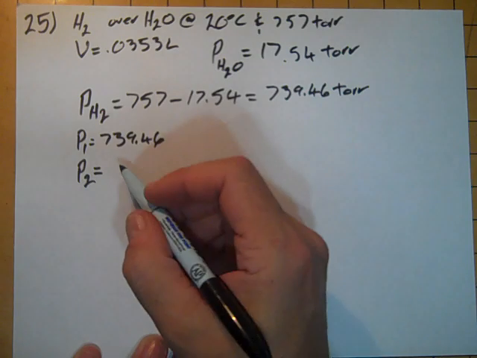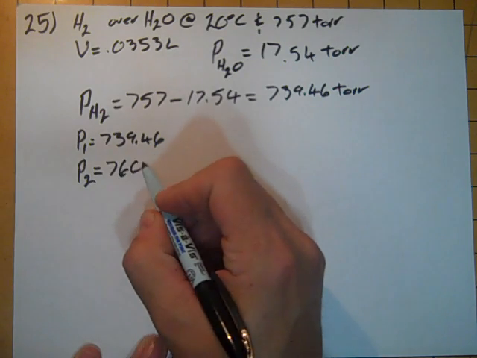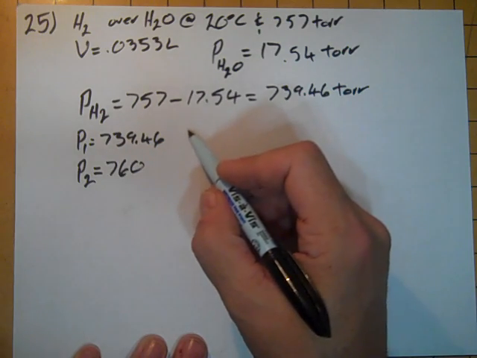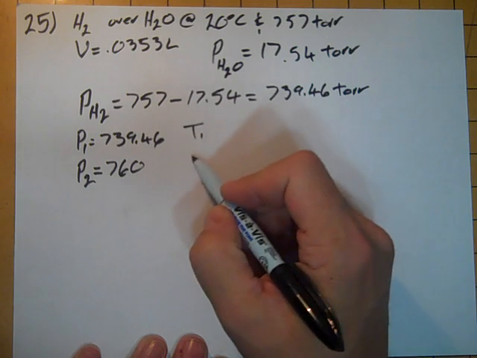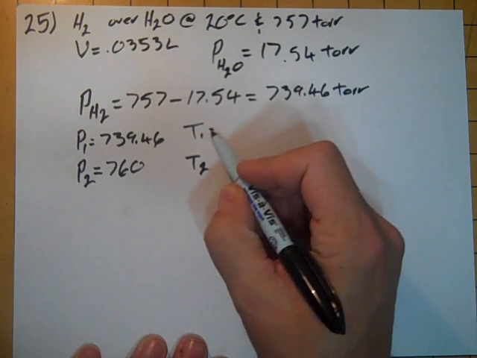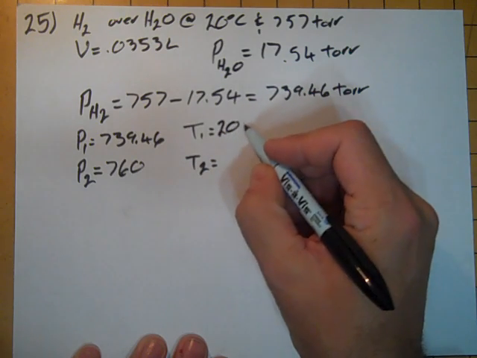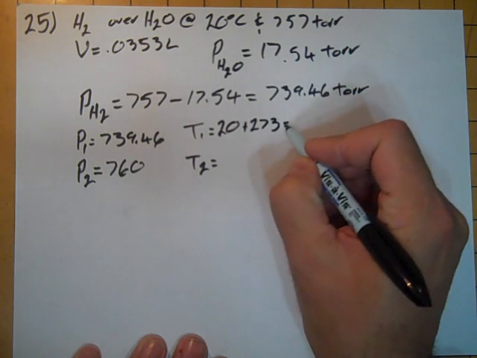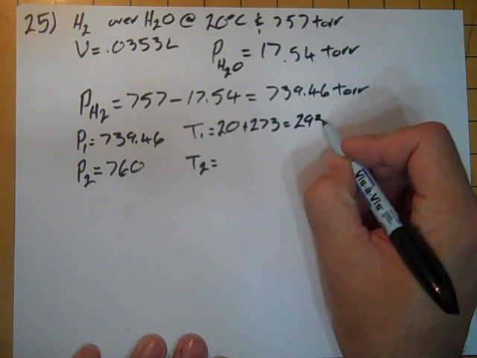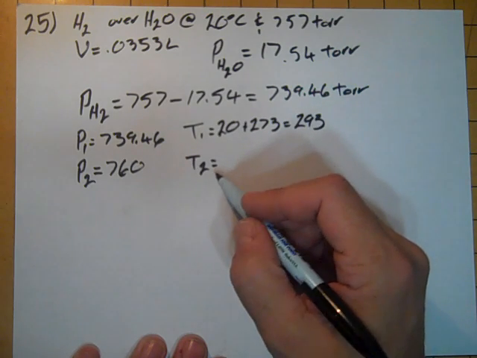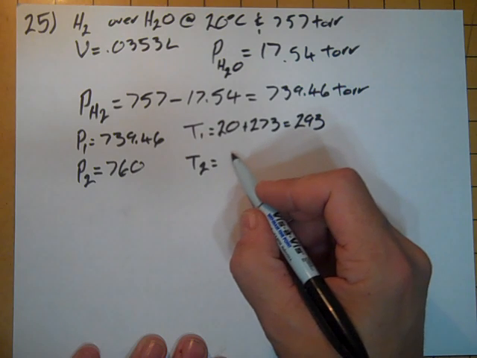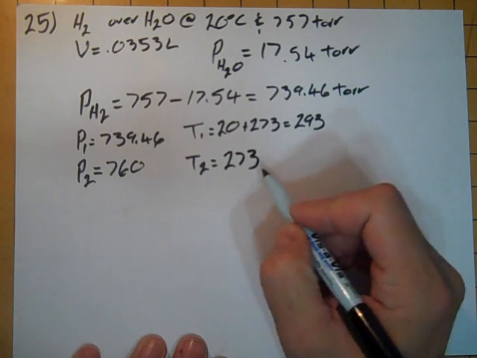Pressure 2 is at STP, that's 760. I've got temperature 1 and temperature 2. My temperature 1 is 20 plus 273, that's 293 Kelvin. Temperature 2 is STP, standard temperature, 273 Kelvin.